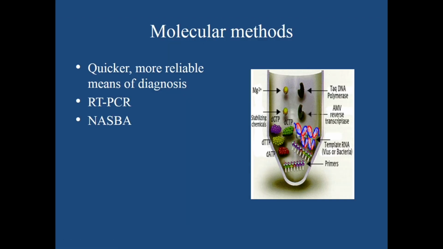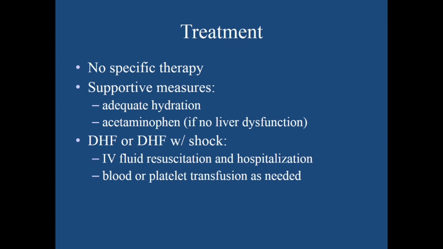Molecular methods are quicker, more reliable methods of diagnosis, and can be used during the acute stage of the disease. For treatment, there is no specific therapy; supportive measures like hydration and acetaminophen if no liver dysfunction is there. For cases of dengue hemorrhagic fever or dengue hemorrhagic fever with shock, there should be IV fluid resuscitation, hospitalization, and blood or platelet transfusion when needed.